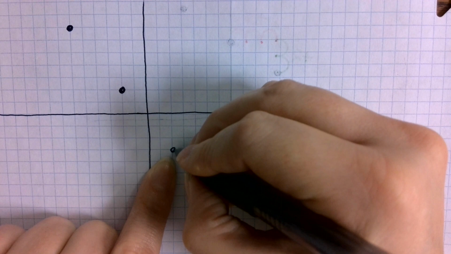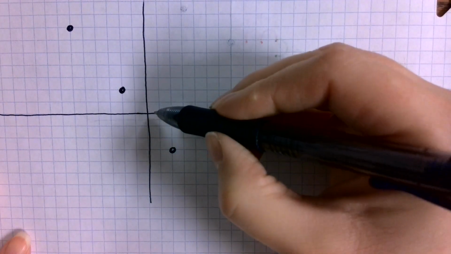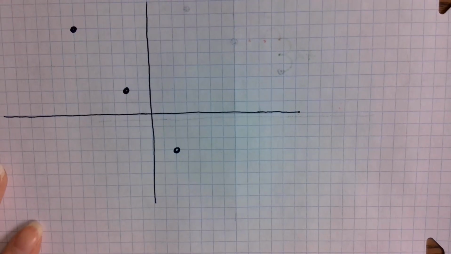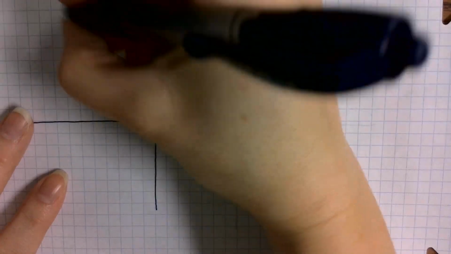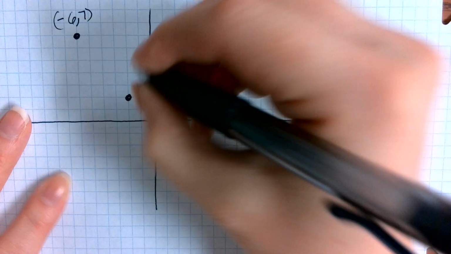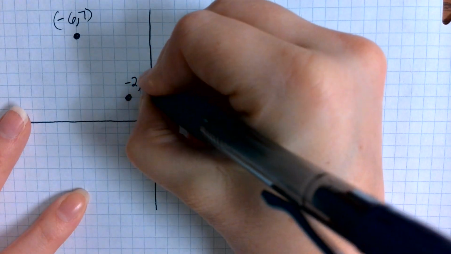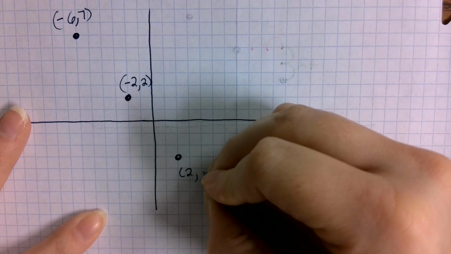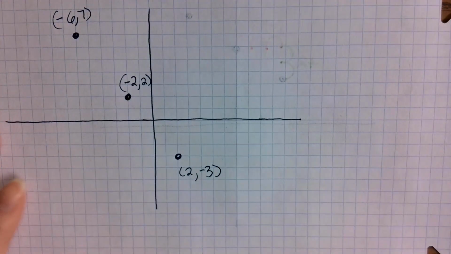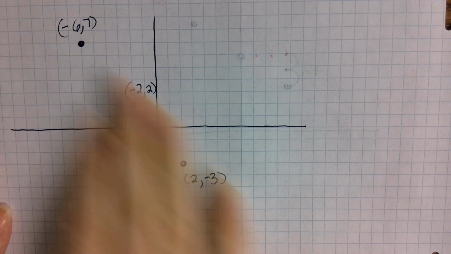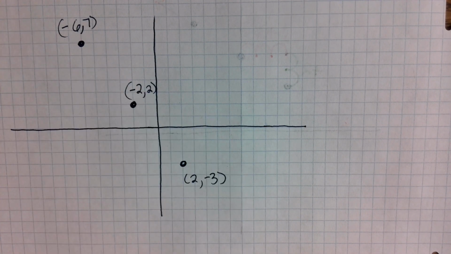And then we'll put another one at +2, negative 3. Okay, so this is at negative 6, positive 7. This is at negative 2, positive 2. And this is at a positive 2 and a negative 3. I want you guys to go ahead and find out what is the constant rate of change or the slope given this graph.